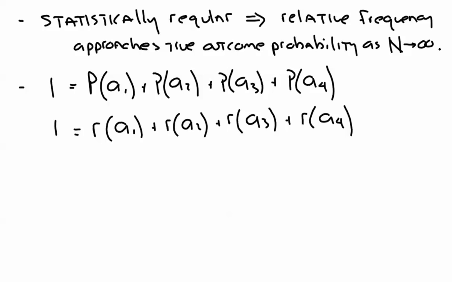In general, these two statements are always true. The relative frequencies must always add up to 1, and the probabilities must always add up to 1. But in general, the relative frequency of A sub i is only approximately equal to the probability of A sub i, and this approximation gets better as the number of times we perform my chance experiment gets bigger and bigger and bigger.